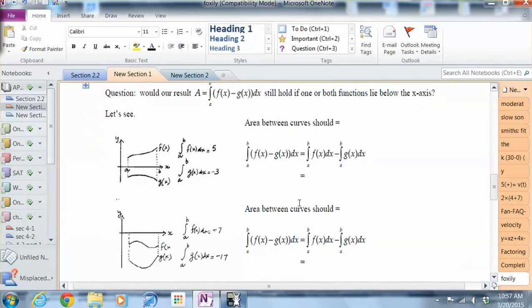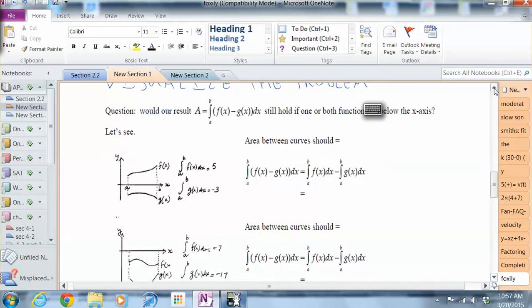Now, question here. So now we're at the beginning of page 2 of notes. Would this result always hold true if one or both of our functions lie below the x-axis? Well, let's see. Let's say you were told that the integral from a to b of f(x) dx is 5. Okay, so you know this. And from a to b for g(x) is -3, which makes sense because that's below the x-axis, right?